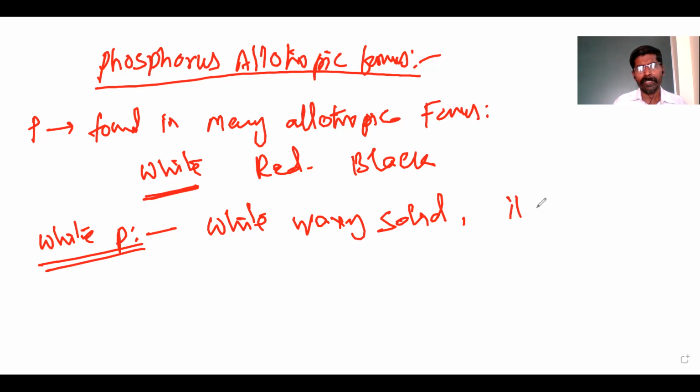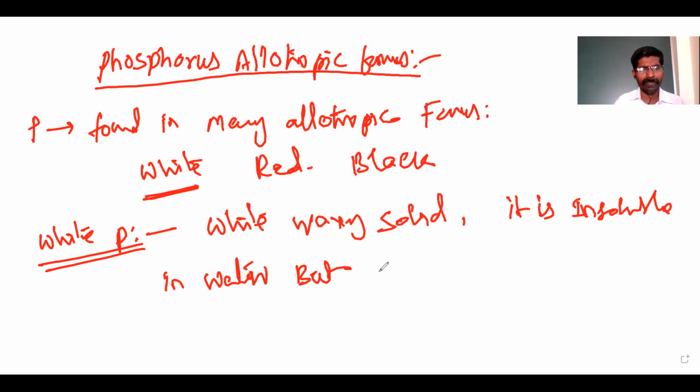It is insoluble in water, but it is soluble in the carbon disulfide compound. Carbon disulfide is an organic compound, but water is an inorganic compound.